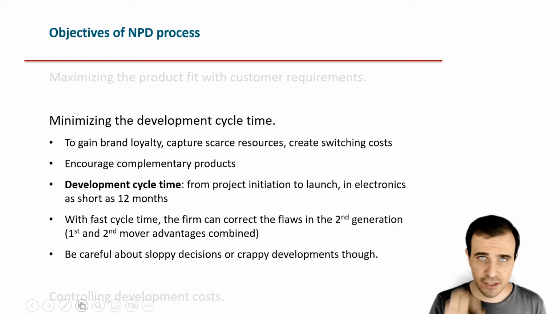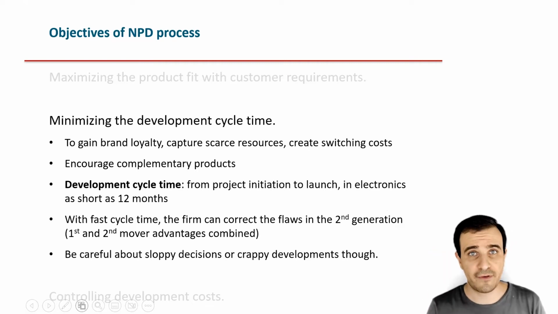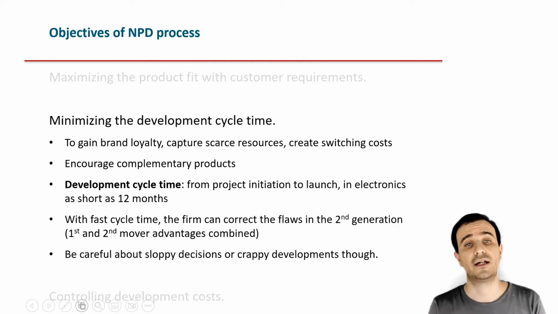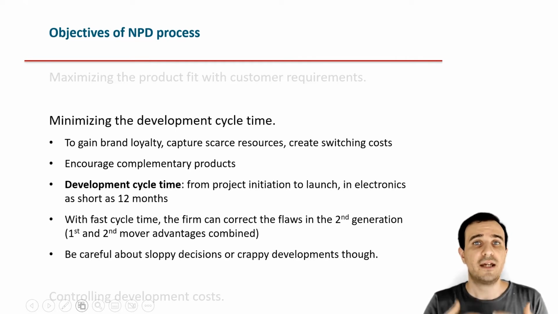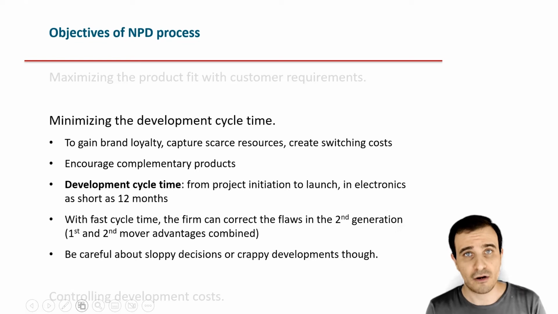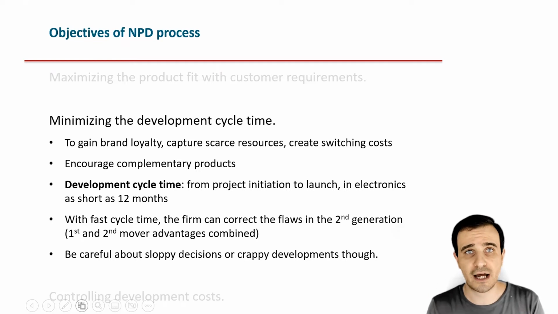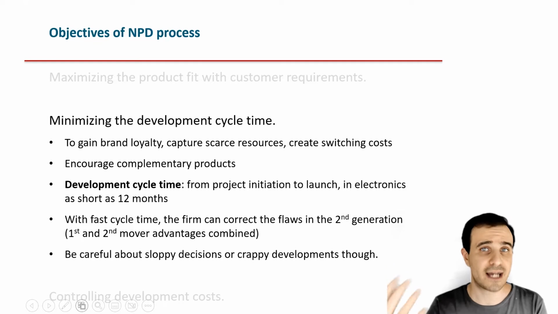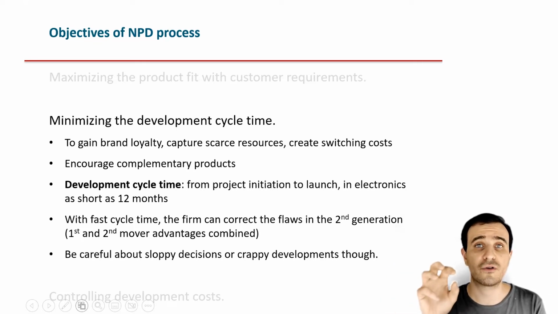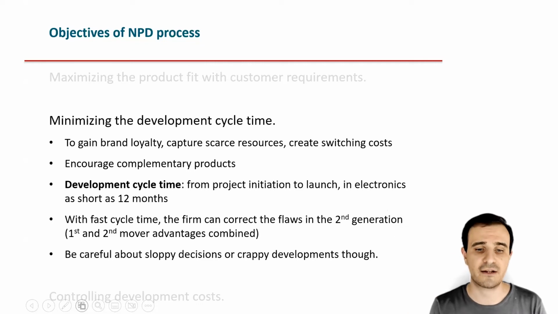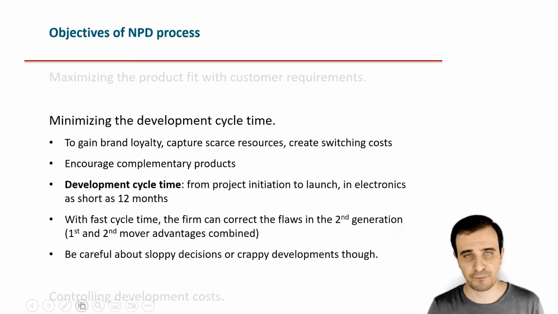However, it's true for every industry that if you have a shorter cycle time, you can enjoy the benefits of being a first mover in the market, but not only, you can also enjoy being a second mover, because if you are able to cut down your time for development, then you can create a second generation, and the second generation will rapidly correct the problems identified in the first generation.